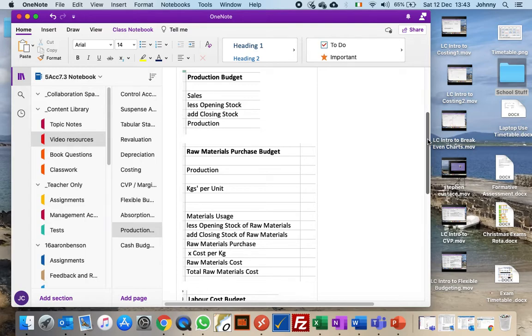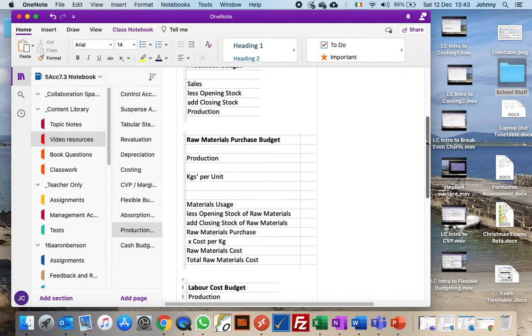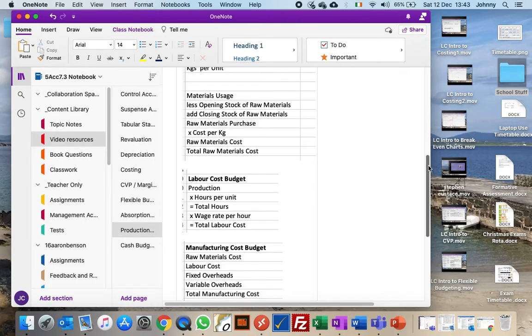Now, I need to think about my labor cost budget. So how much will I need to spend on labor? So this is how much I spent on materials. Now I'm going to add on how much I'm going to spend on labor. And I start again from my production budget with the amount of units that I'm going to have to produce.